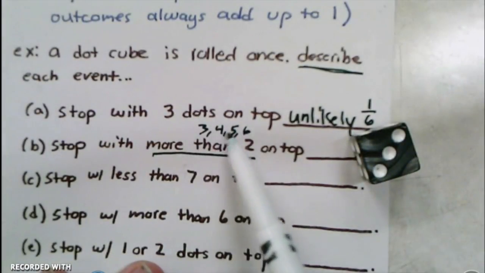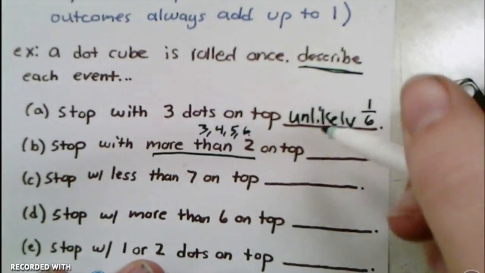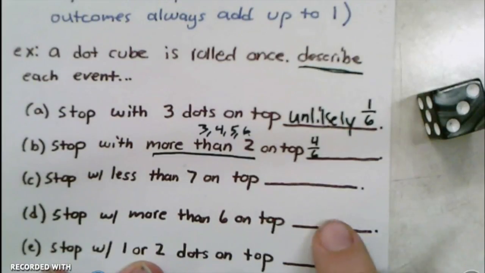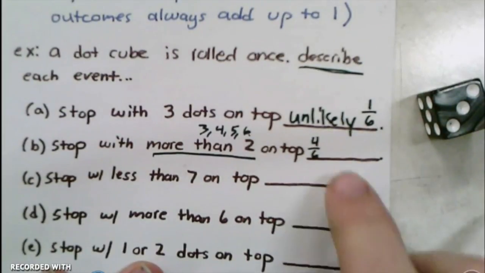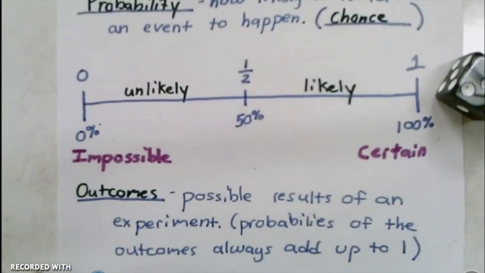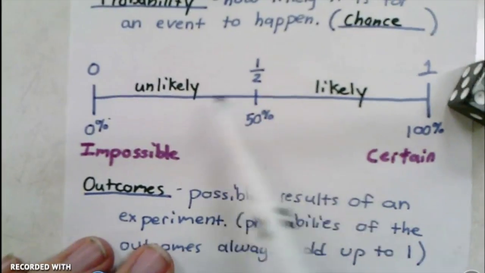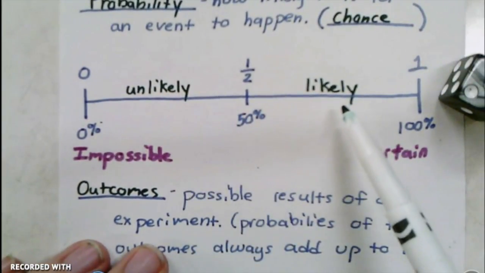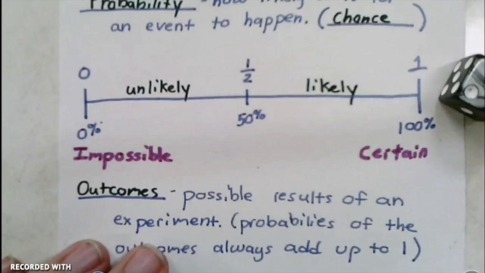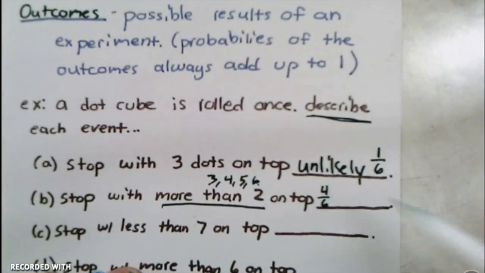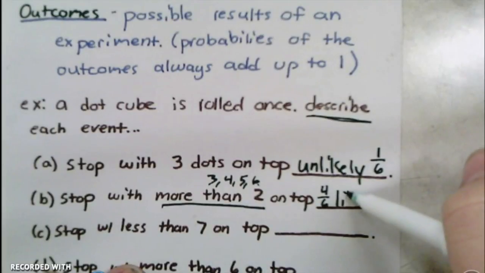So there's 1, 2, 3, 4 possible outcomes in that case out of the 6. So 4 out of 6 would reduce to 2 out of 3. But if we look here, is that out of 6 possible is 4 chances? Do you think that that's more towards unlikely, more towards likely, impossible, or certain? Good. It's likely to happen.